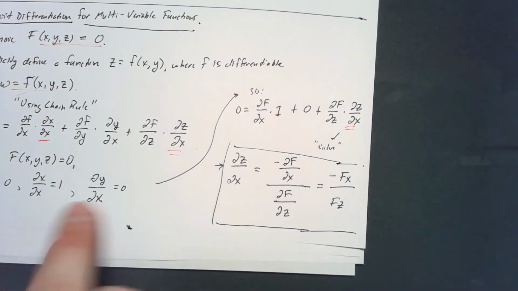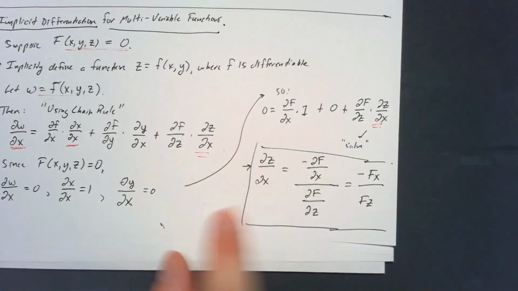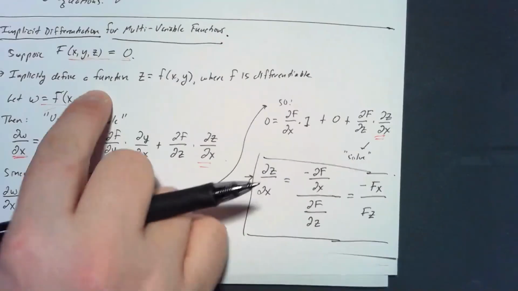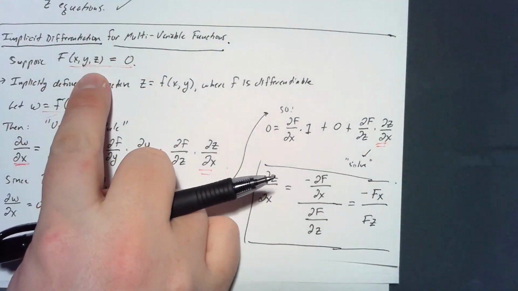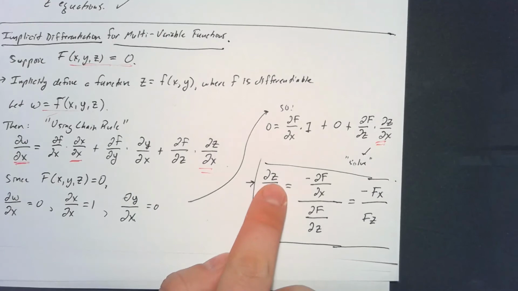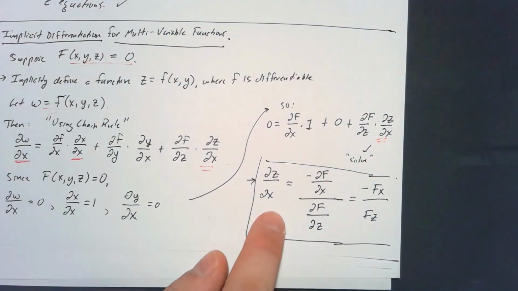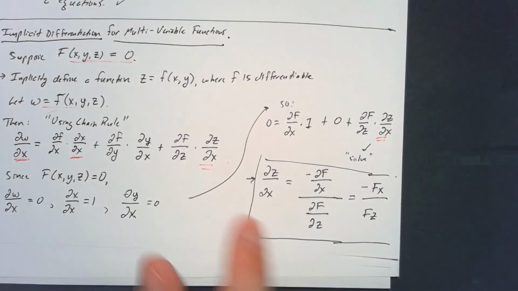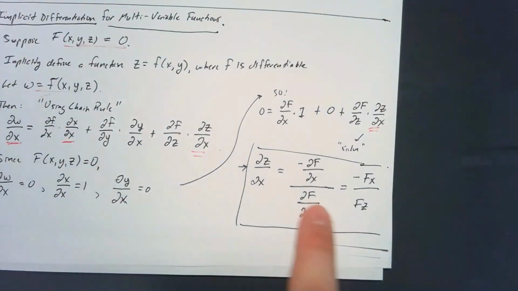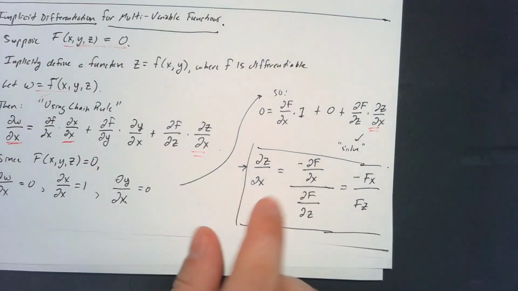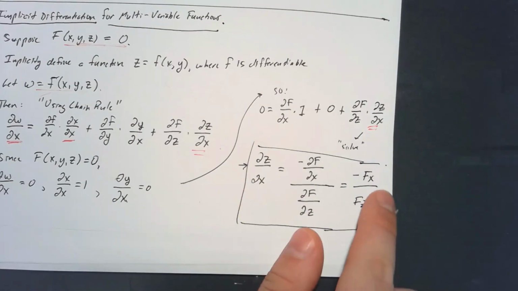Don't worry about the derivation so much. Just worry that if you have an implicit function like this and you want to find the partial of a dependent variable with respect to x, I'll make a note of this later, but you just need to know this.